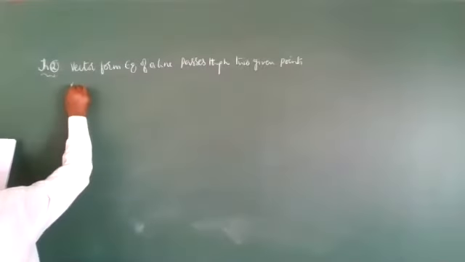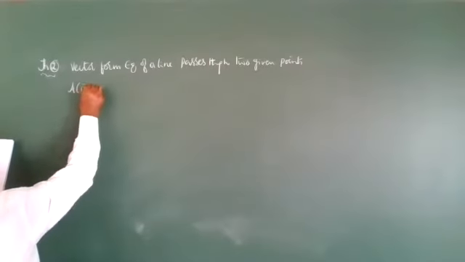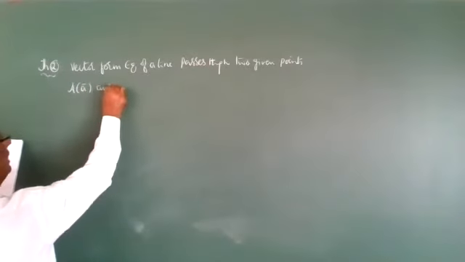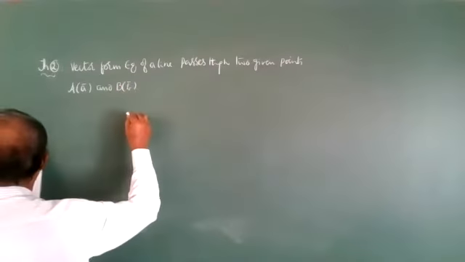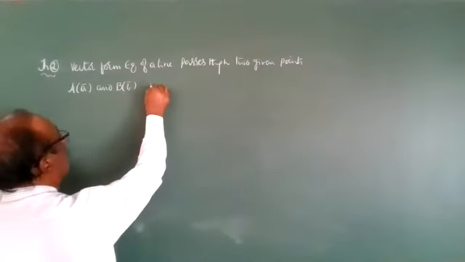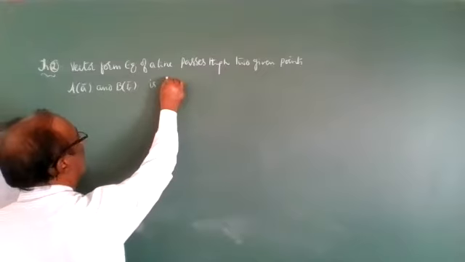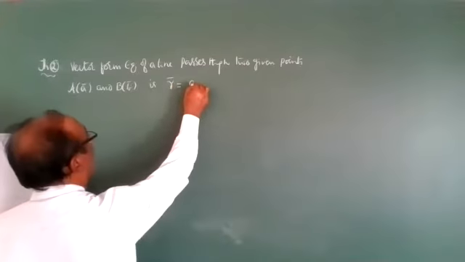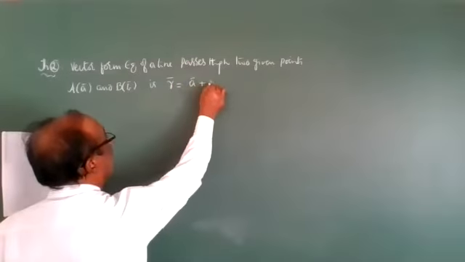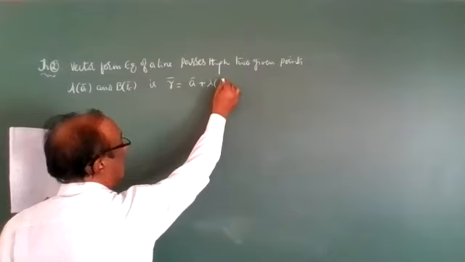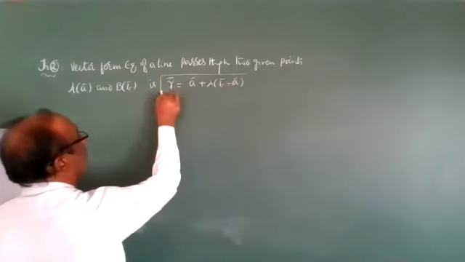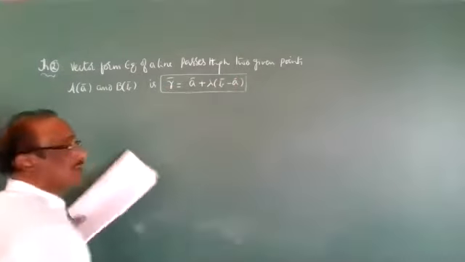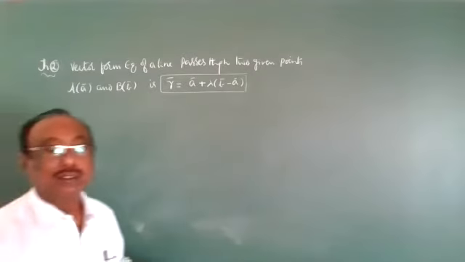Capital A, its position vector is A bar, and capital B, its position vector is B bar. The vector form is R bar is equal to A bar plus lambda into B bar minus A bar. This is the vector form of the equation of the line passing through the 2 points.